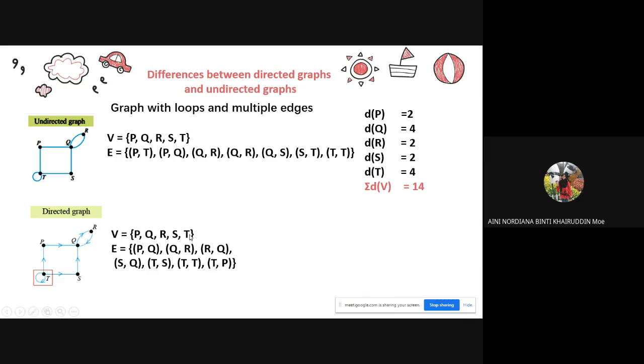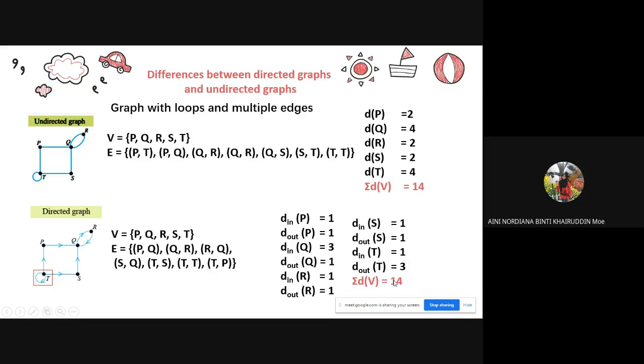So the V remains unchanged, but for E you have to follow the direction. PQ, and this one you cannot write QS, you must write SQ. So that's the only difference between undirected graph and directed graph. But the sum of degrees remains unchanged. You just count the number of E, then times 2.